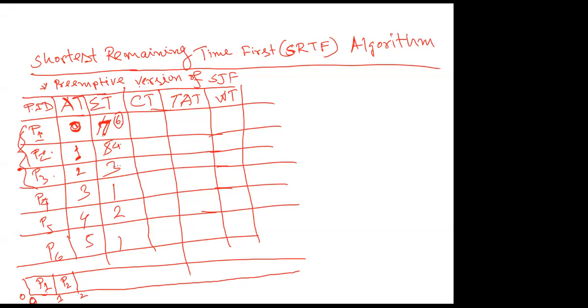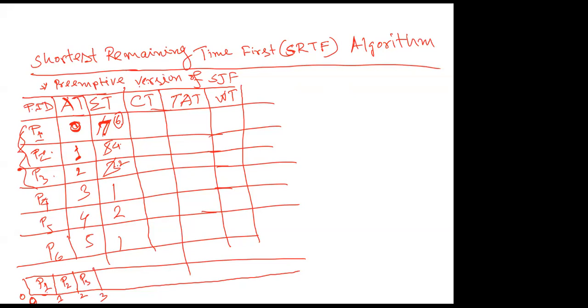P3 will execute and P2 will be stopped. P1 was also stopped previously. P3 will execute one time unit, up to 3, and now it needs 2 time units.